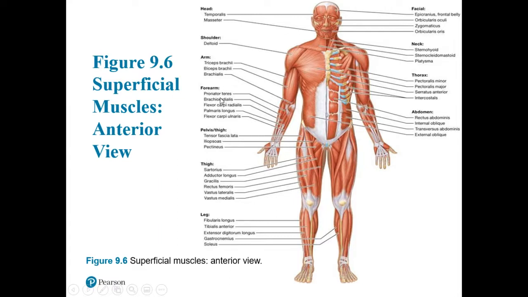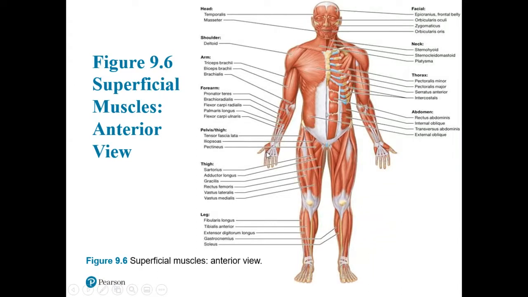Now the forearm has a few major superficial muscles that you should be able to feel. Pronator teres, for example, allows you to pronate your palm. If you're using anatomical position, just like this dude right here, pronation is the action of turning that palm to the back.